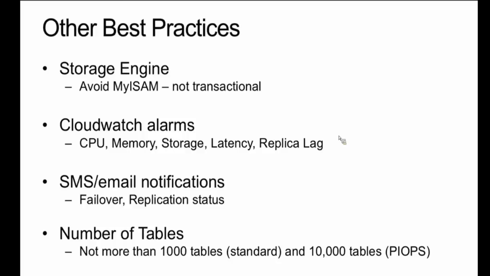We offer a number of different metrics that you can alarm on. So you can go into CloudWatch. We're publishing metrics such as CPU and memory and storage, I/O latency, replica lag, I/O throughput. All these things you can see from the console within the RDS console under the monitoring.